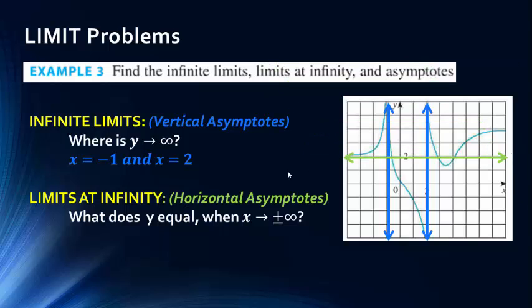And here we can see for negative infinity, the graph is crossing, or the y value is at 2. And for positive infinity, when x is over here to the positive infinity, we can see that y is equal to 4.